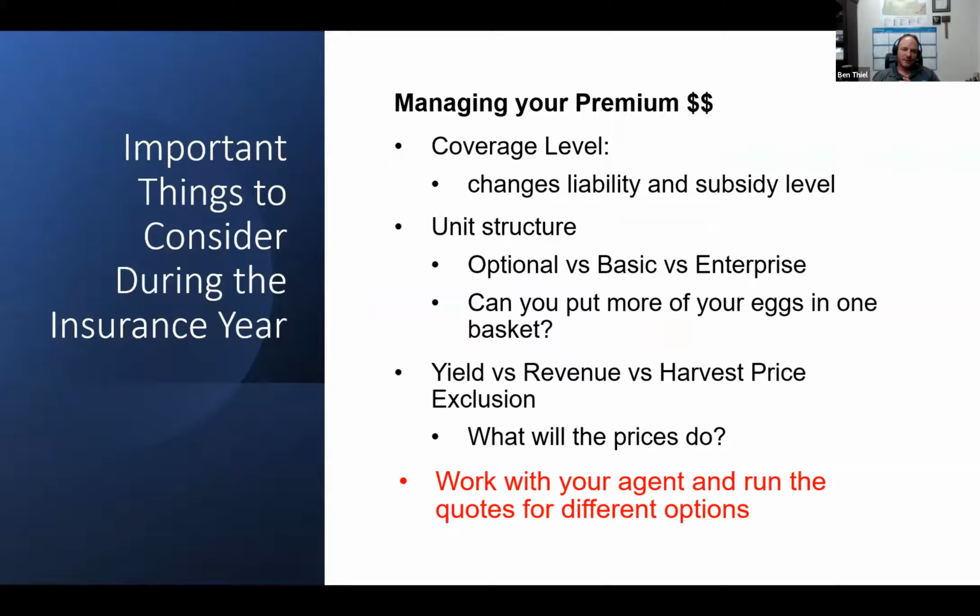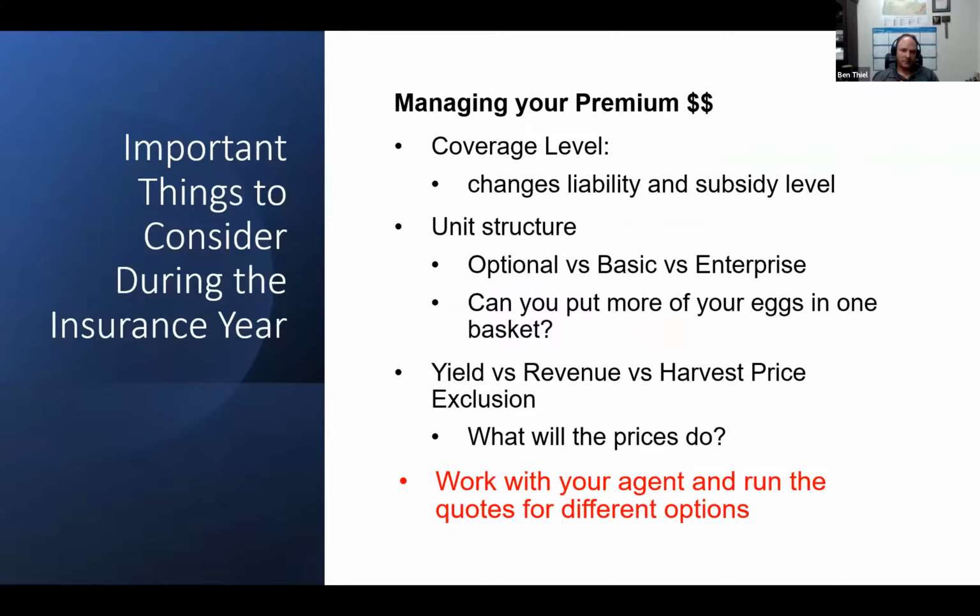Some important things to consider during the insurance year. One of them is to manage your costs and your level of coverage. You have the ability by the sales closing date to change your coverage level, which is going to change your overall liability and subsidy level potentially when you scale up in coverage level. You can also make changes to your unit structure, whether optional units versus basic units versus enterprise units.